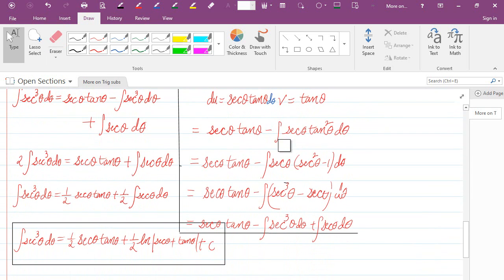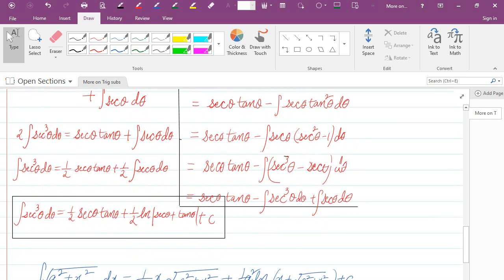Okay, so now we have this. We're going to rewrite tangent squared as secant squared minus 1. So then we get secant cubed minus secant of theta here. And then we get secant theta tangent theta minus the integral of secant cubed of theta, plus the integral of secant theta.